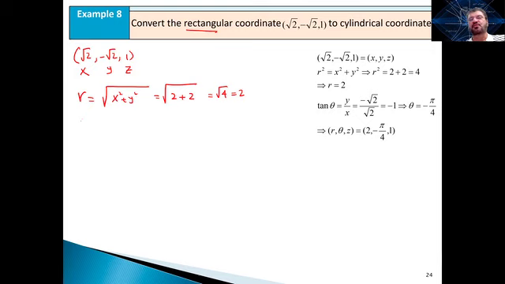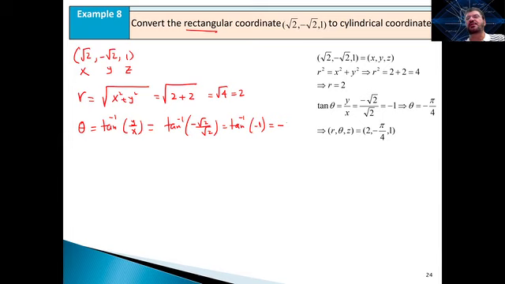What's theta? To find theta, it's tangent inverse y over x, which is tangent inverse, y is minus root 2 and x is root 2, which is tangent inverse of negative 1. Now, tangent inverse of negative 1 is going to be in the fourth quadrant, which is actually, you can say minus. So you can take the minus out.